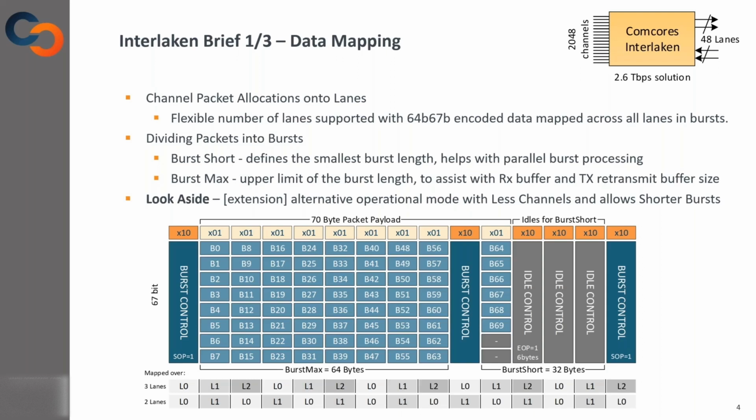So you control the smallest amount of the burst. And burst max controls the largest size of the burst. This helps with retransmit buffer sizing or receiver buffer sizing, basically for processing this data. And we'll get to the diagram on the bottom in a second.